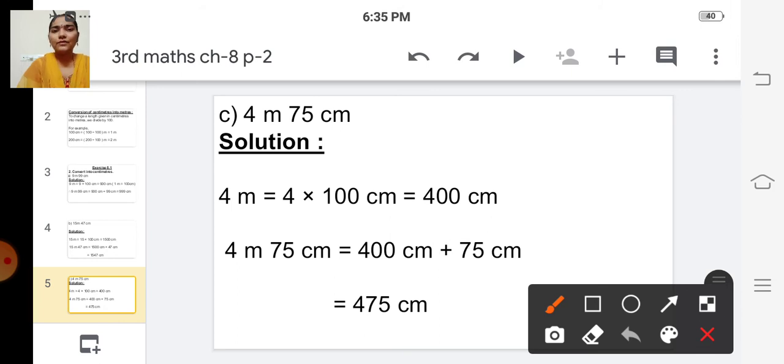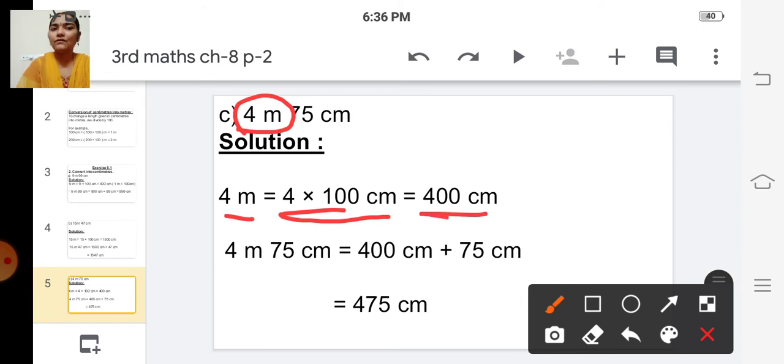So what do we have to do first? We have to first convert this meter into centimeter. How to convert? We have to multiply by 100. So 4 meter is equal to 4 into 100 centimeters, which is 400 centimeter.